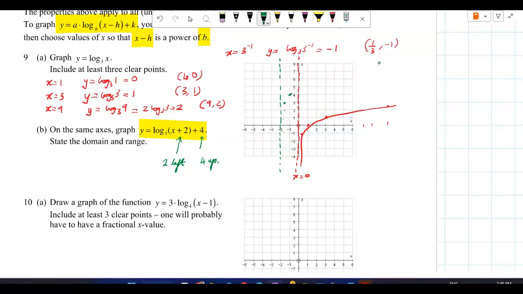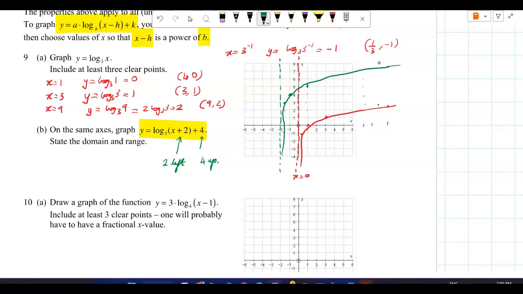Then this one 2 left, 4 up. 1, 2, 3, 4. This point also 2 left, 4 up. 1, 2, 3, 4. So that means this is what your graph will be.